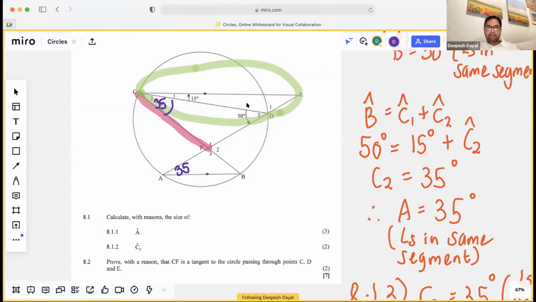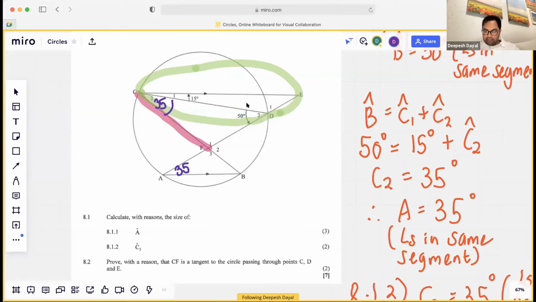You can just type and let me know, unmute. C2 must equal to which angle in the triangle? Yes, thank you. So it must equal E, right? So how can we find E?